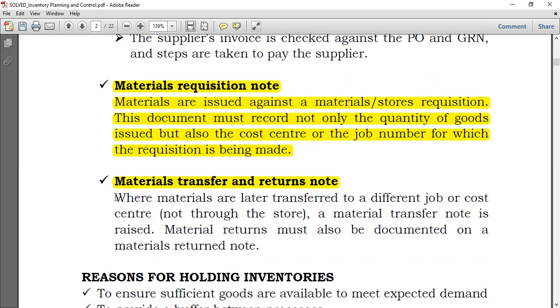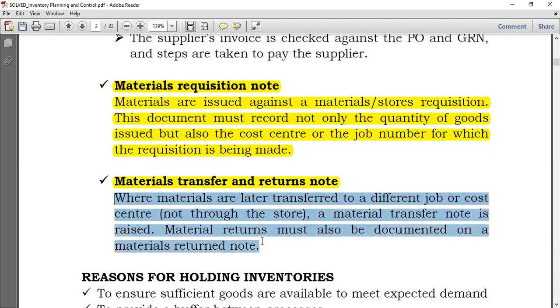When materials are later transferred to a different job or cost center, say job one receives the materials, but now they are transferred to job three, not through the stores, just on the fly, a material transfer note is raised, and material returns must also be documented on a material return note. Simply speaking, it must be accurately known where the goods are now located. That's very, very important. You should always note this. So this was just the beginning of this topic, and then we can proceed.